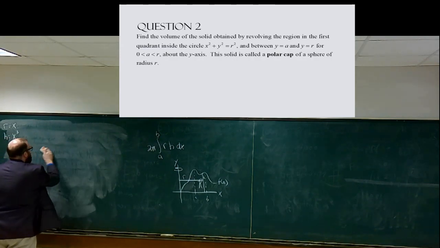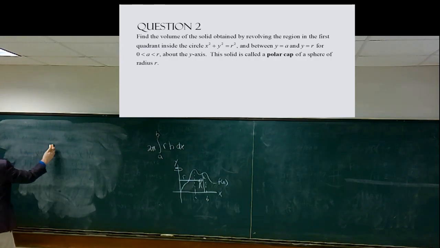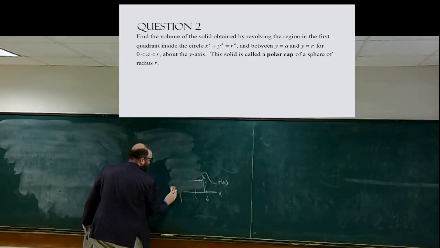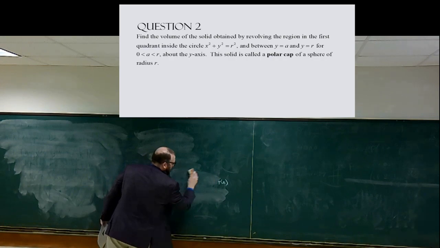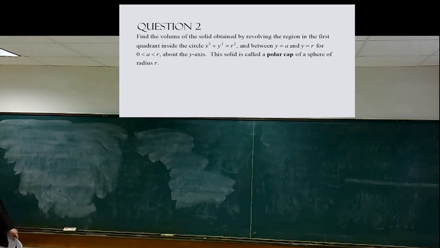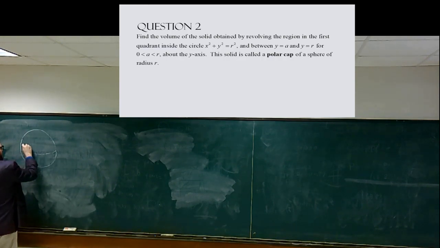So I'm going to need the entire board for this. We're going to be looking at what's called a polar cap. So a polar cap is just, take a sphere.